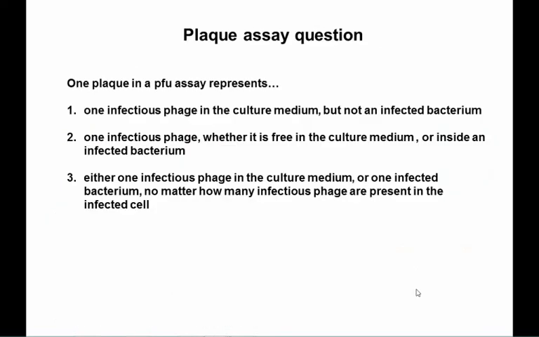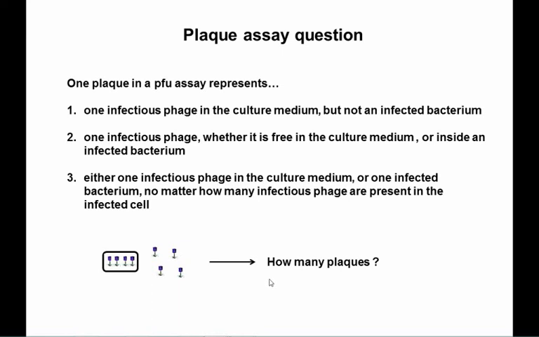Okay, so just to make sure everybody has understood this. When you see one plaque on one of these plates, what does it mean? What does it represent? So you've got three options here. Another way to think about this is that if you've got something like this in your infected culture, how many plaques would that produce?